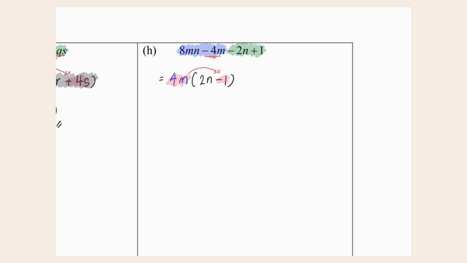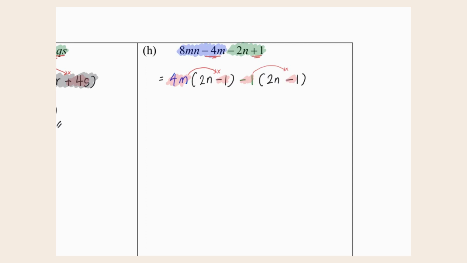As for the other green color group, well, there's no common factor, so to speak, but how about this? If I take out negative 1 as the common factor, what will happen? I will have my 2n minus 1, because again, if I were to expand out, I should get back my positive 1.